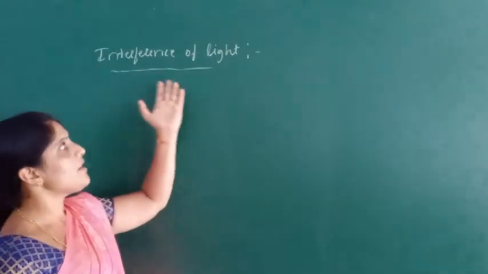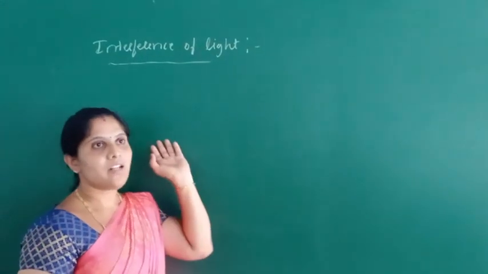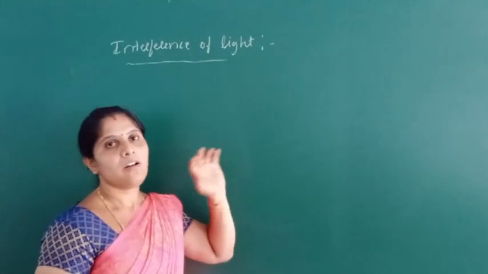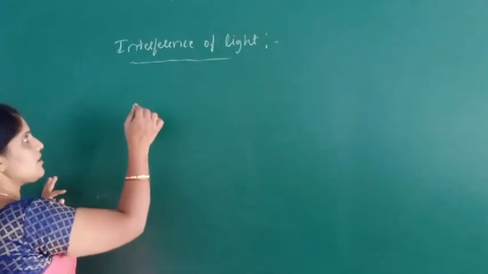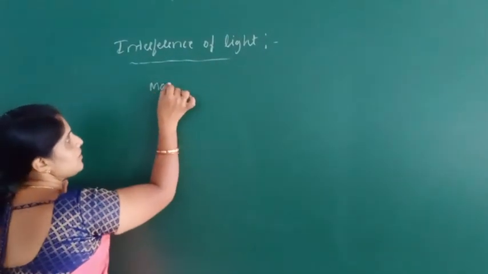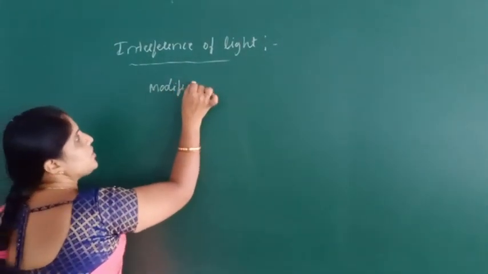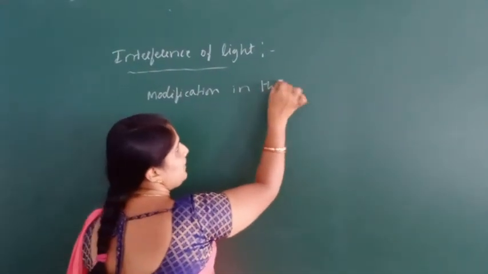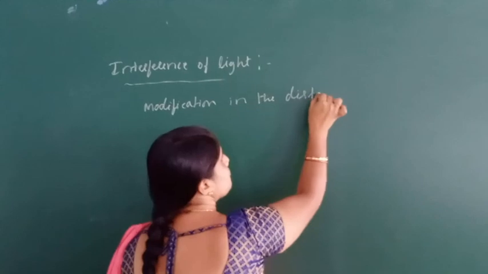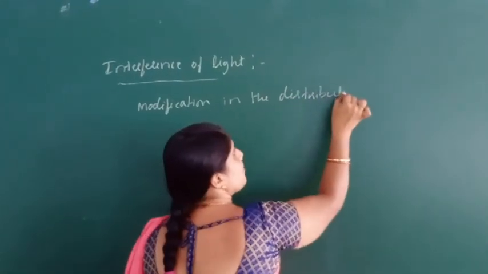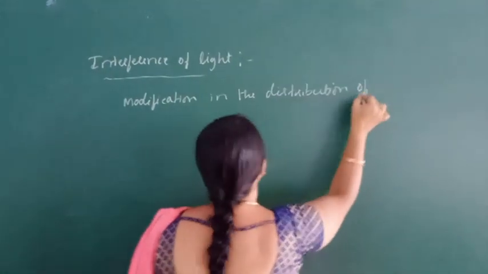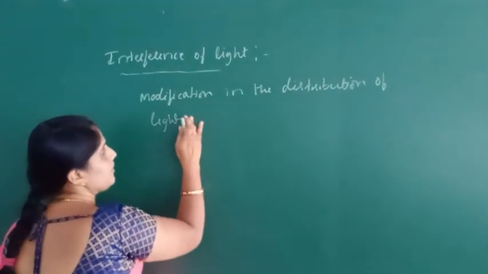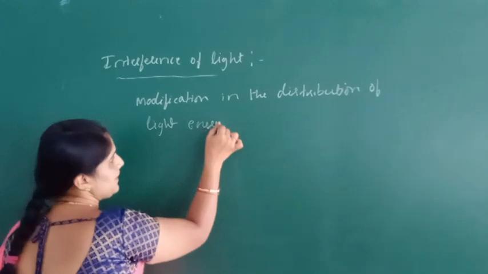Next, interference of light. Interference of light is nothing but modification in the distribution of light energy.